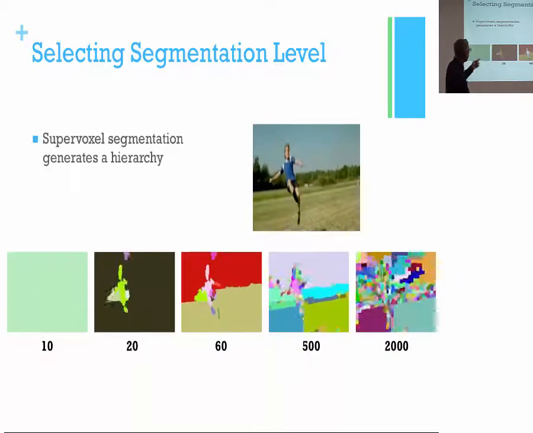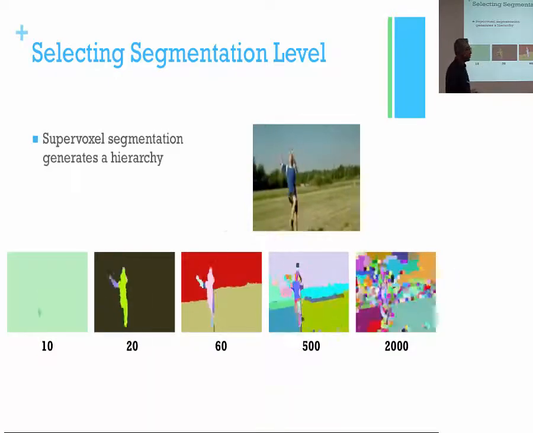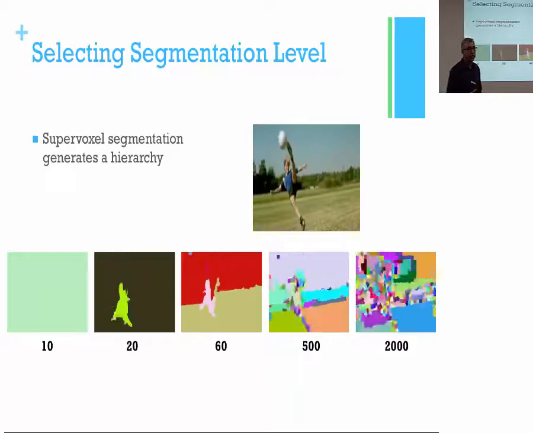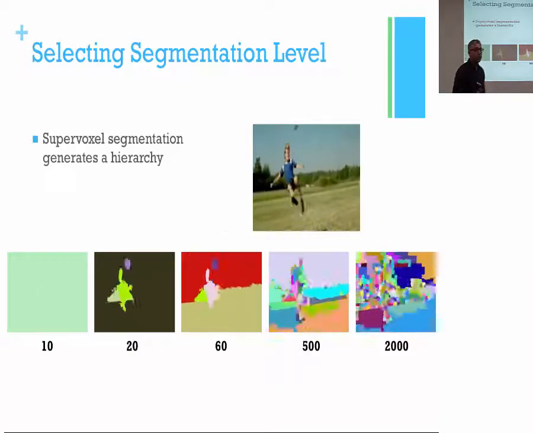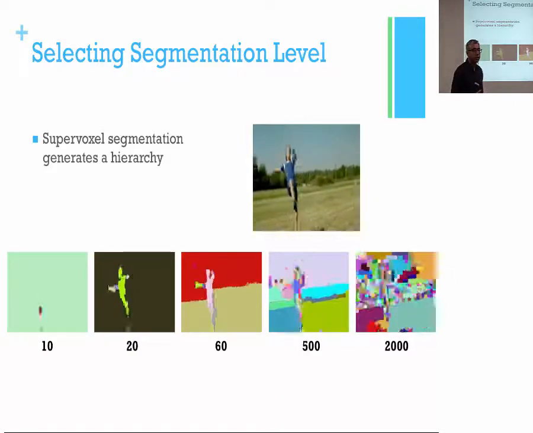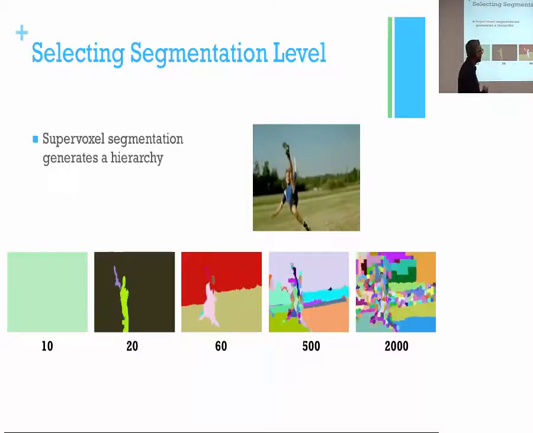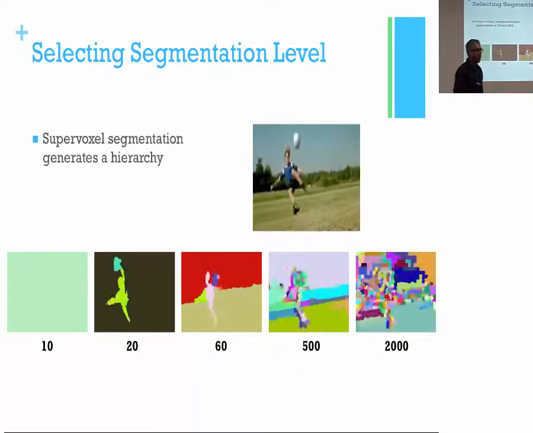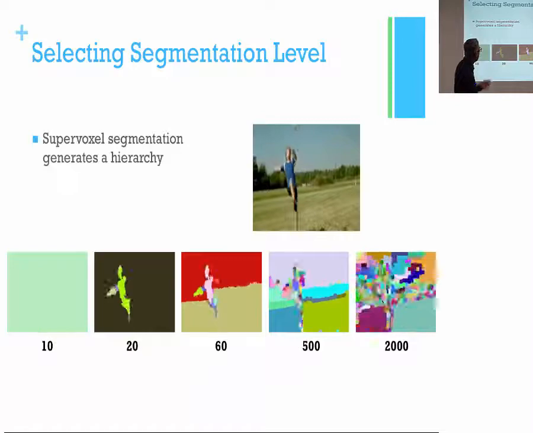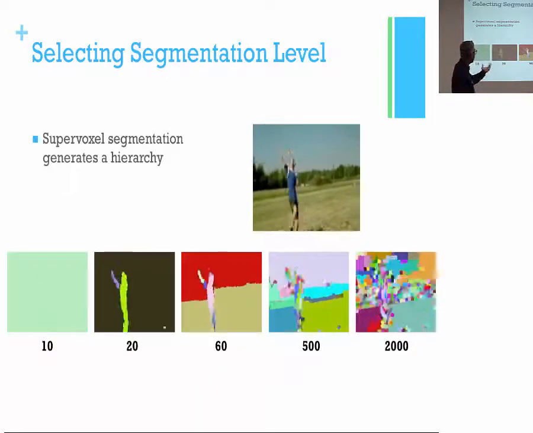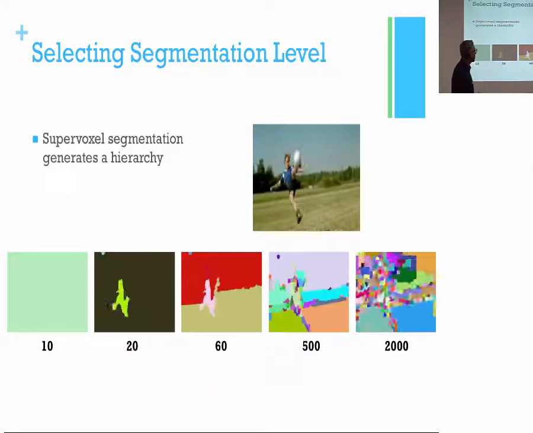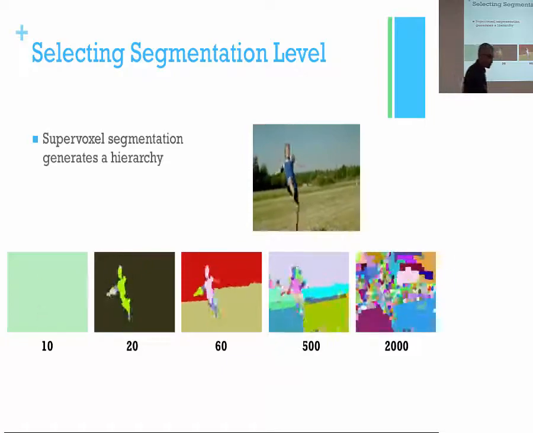So if you have 10, 20, 60, and so on, we need to know which one is the right one. Either we can apply all levels of a hierarchy, which will be too computationally expensive, or we can somehow efficiently select the right level of the hierarchy. And as you can see over here, this action might be better represented by either 20 or 60, because that captures the segmentation pretty well.